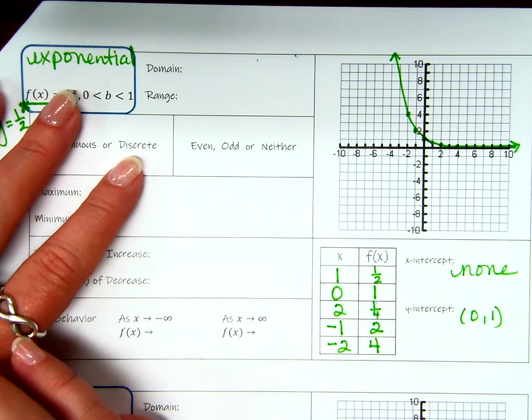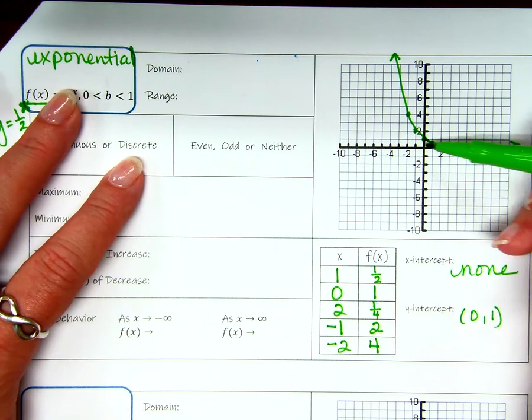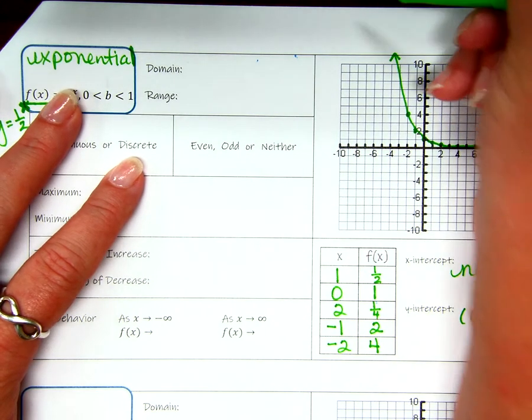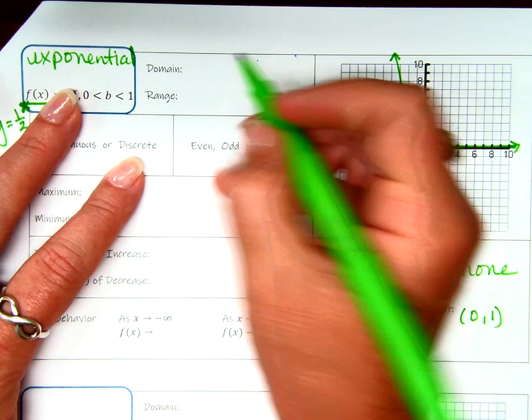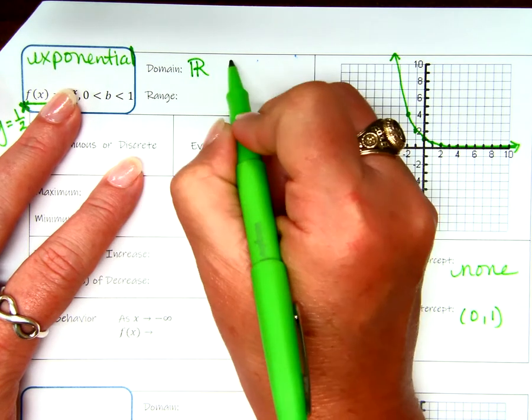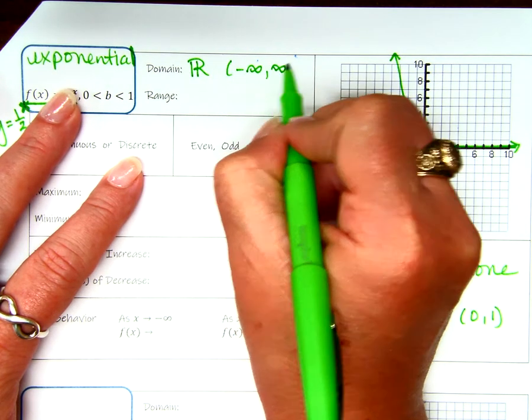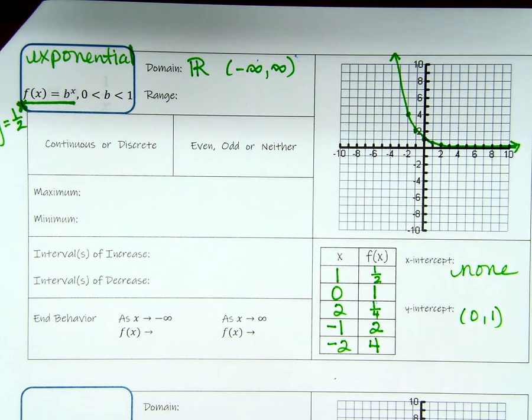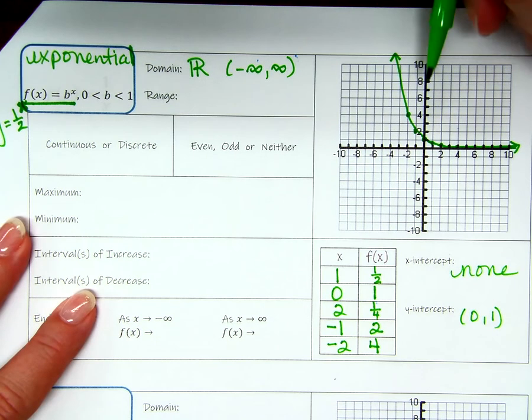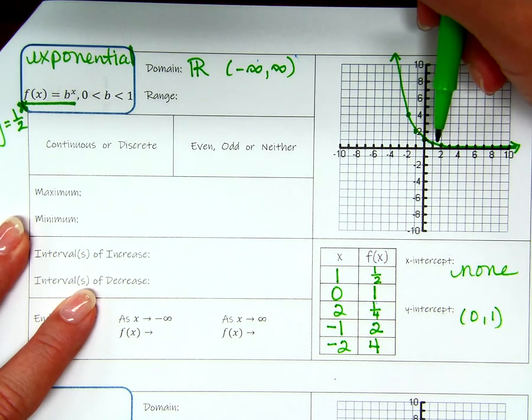Okay. Look at the domain. How far to the left does this go? And how far to the right does it go? So all real numbers, negative infinity to positive infinity. And how far down does it go? That's weird, right?